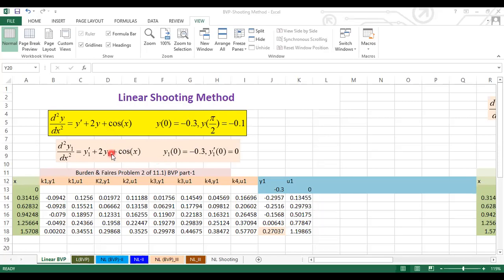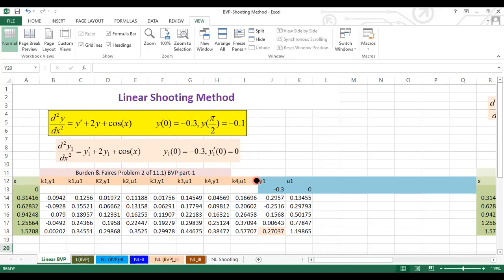The first problem we have considered is the initial value problem with the particular initial conditions. So here is the solution to this problem, and I have solved this problem with the RK4 method.